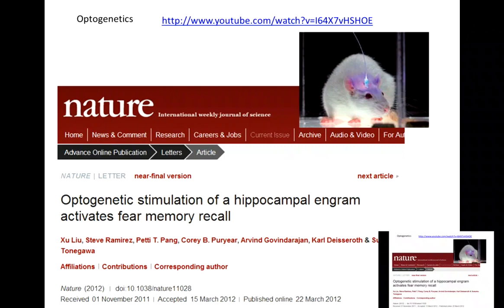There is a technique called optogenetics where you can insert in neurons of the brain of rodents an ion channel that is sensitive to light. So it conducts when it's stimulated by light. And therefore you can fire off a particular synaptic pathway by giving these cells a pulse of light.